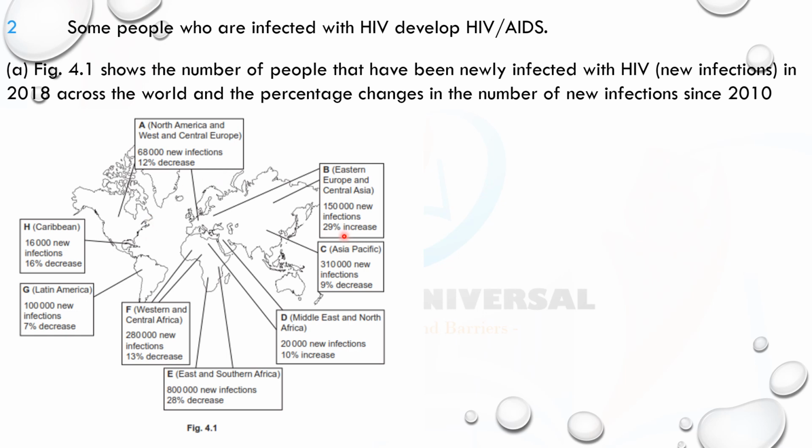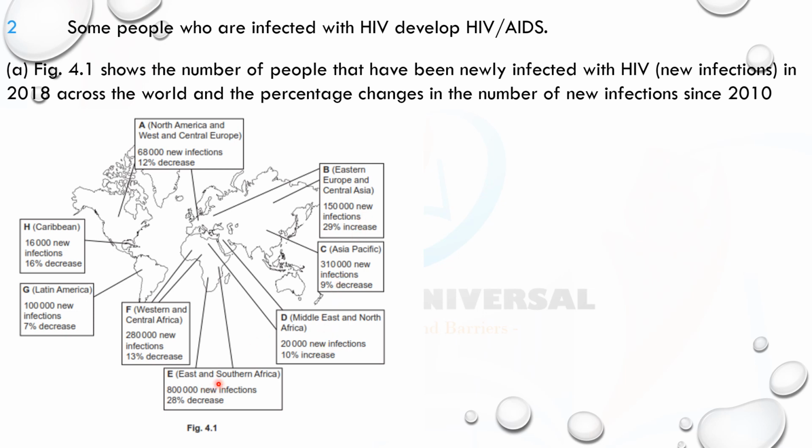This is 29%, 9%. Most of these regions of the world have decreased, but the percentage decrease is low: 12% for North America, 16% for Latin America, 7%. So they have a low percentage decrease. Do you get it? That's what describing it is.